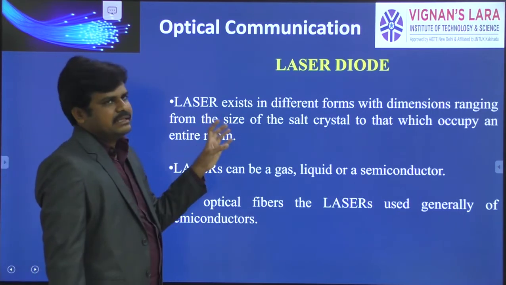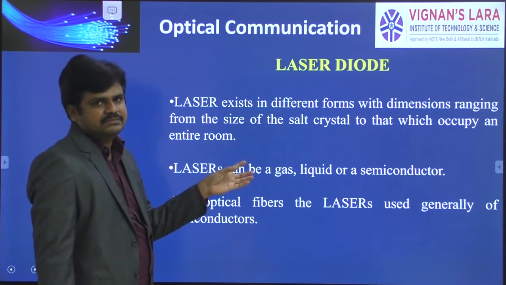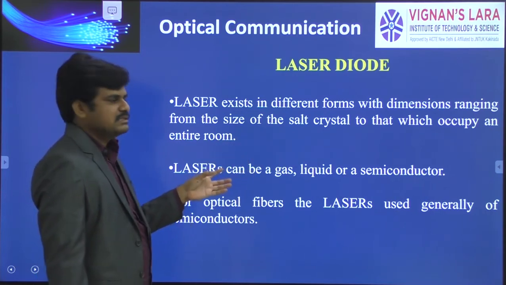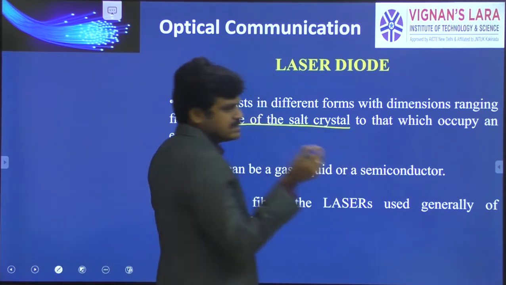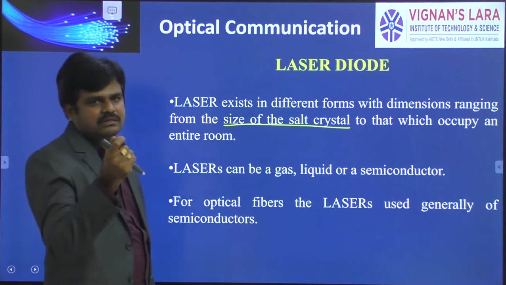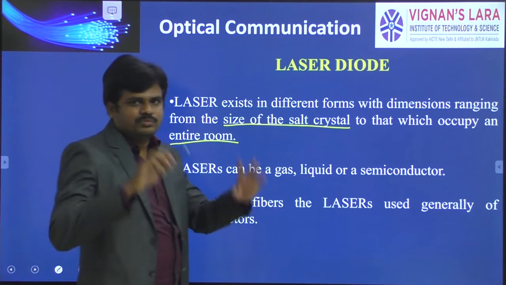The laser exists in different forms with various dimensions. For example, its size ranges from the size of a salt crystal, very small, to the size of an entire room.